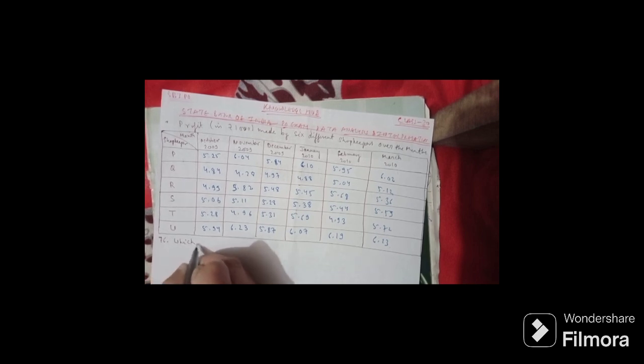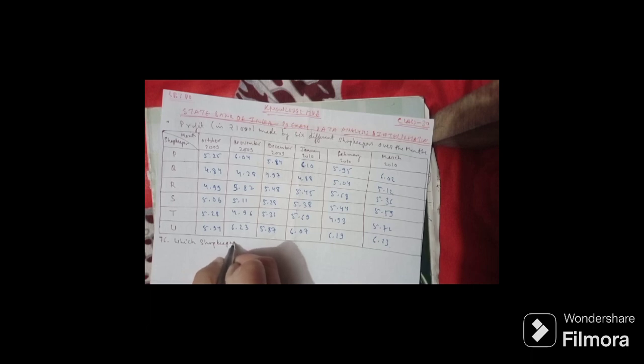Now we implement the question that has been asked. The first question, the 76th question of the session: Which shopkeeper's profit kept increasing continuously over the given months?